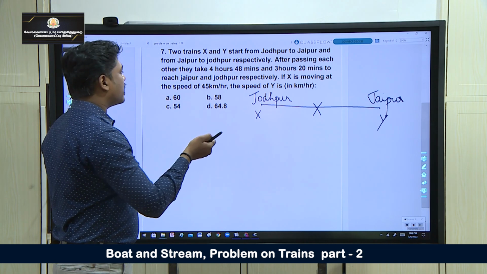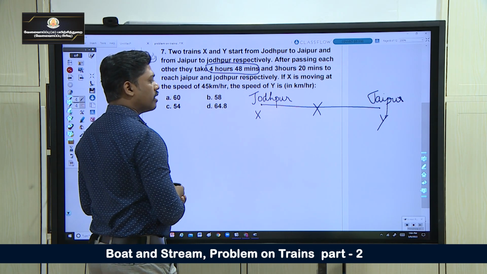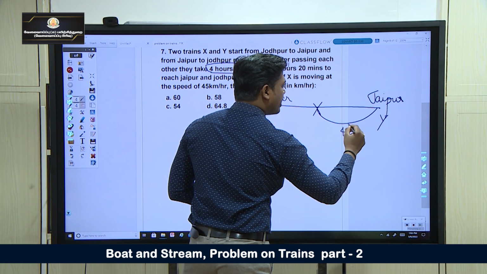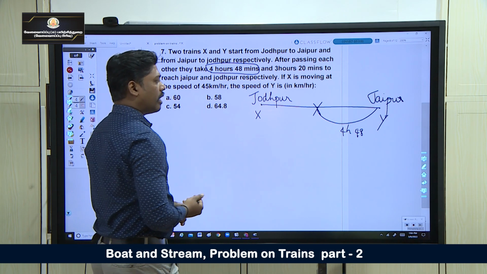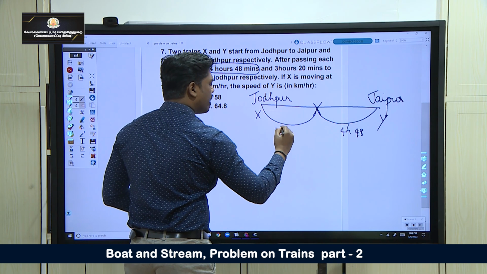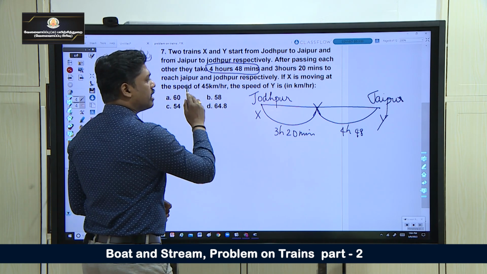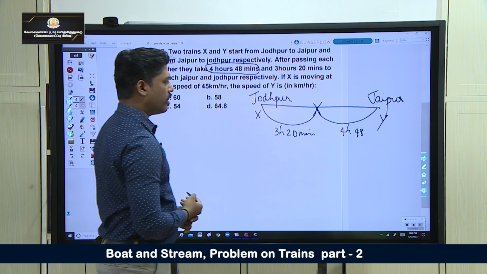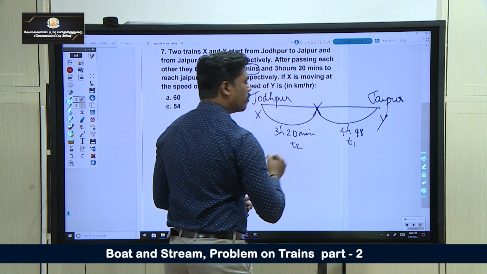After passing each other, X takes 4 hours 48 minutes to reach Jaipur, and Y takes 3 hours 20 minutes to reach Jodhpur respectively. So this is T1, this is T2.